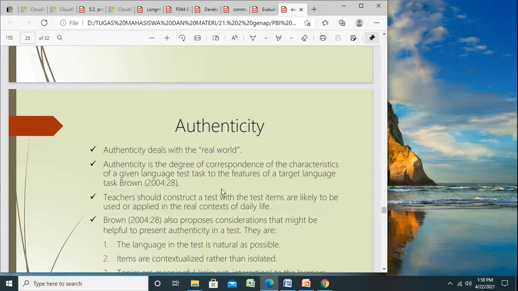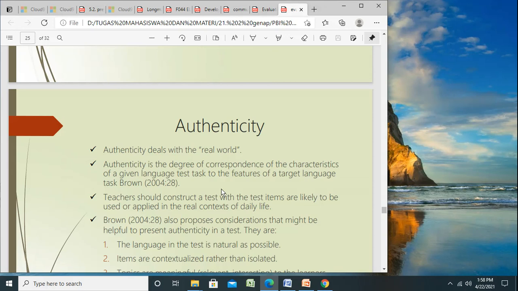And then in assessment or evaluation, the most important one is authenticity, keautentikan, kemurnian, keaslian, ya. Authenticity deals with the real world, so you have to... sekarang dalam assessment itu ada soal yang jenisnya adalah HOT, high order thinking skills, ya.